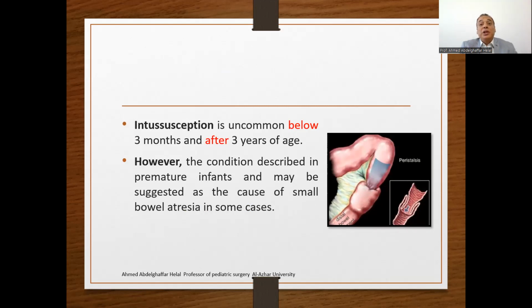However, the condition is described in premature infants and may be suggested as the cause of bowel atresia in some cases. As we see in this picture, there is telescoping or invagination of the proximal bowel segment into the distal bowel segment. The intussusceptum is included inside the intussuscipiens, which is the outer part.